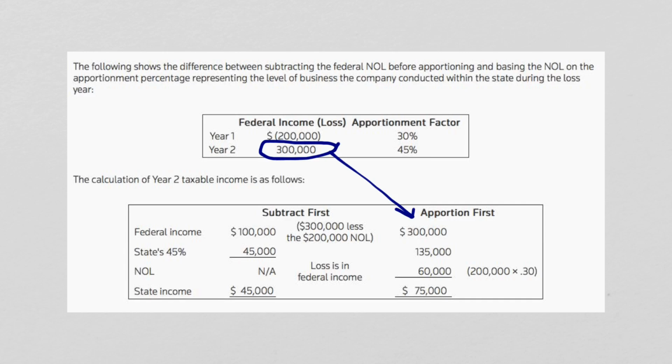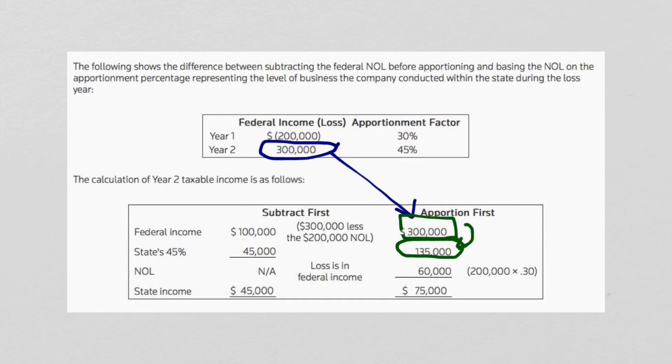And so the state starts with that number here. This is the state's particular law. Again, this is just variations in laws between states. And then the state says, apply the apportionment factor to that, which is 45%. And that becomes taxable in the state.